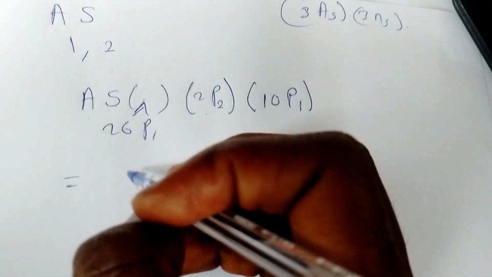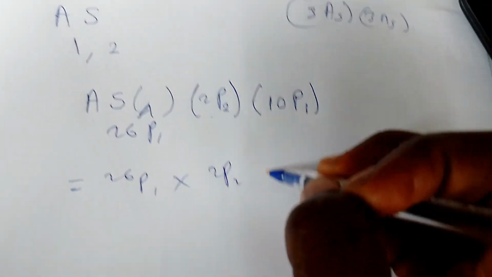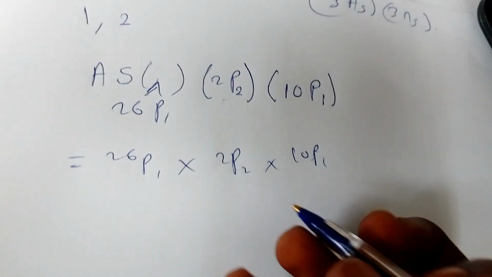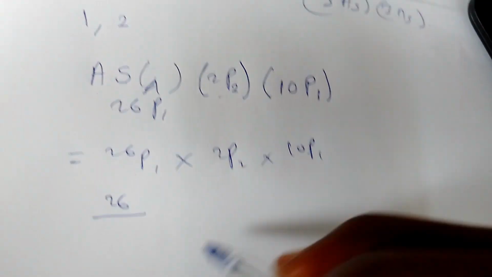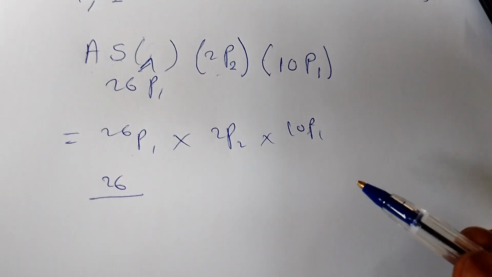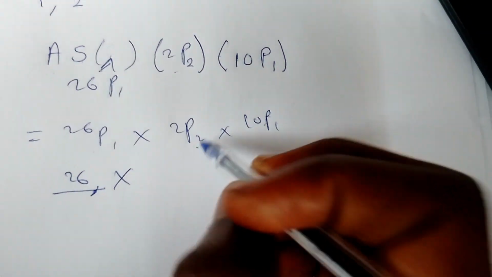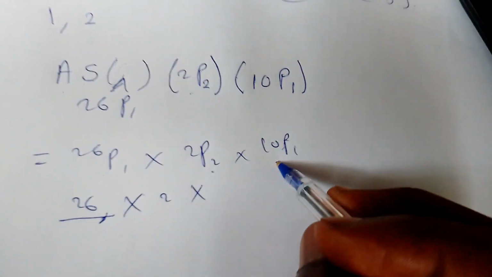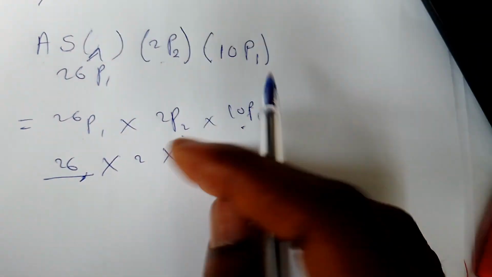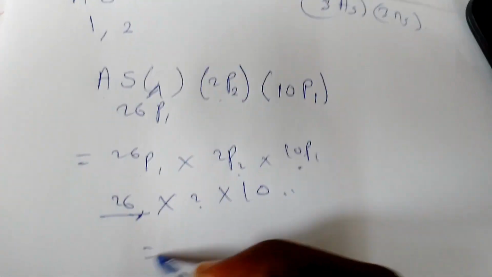You have to find 26 permutation 1 times 2 permutation 2 times 10 permutation 1. 26 permutation 1 is 26 factorial over 25 factorial, which leaves us with 26. 2 permutation 2 is 2. And 10 permutation 1 is 10. So 26 times 2 times 10 is 520. That gives us 520 ways.